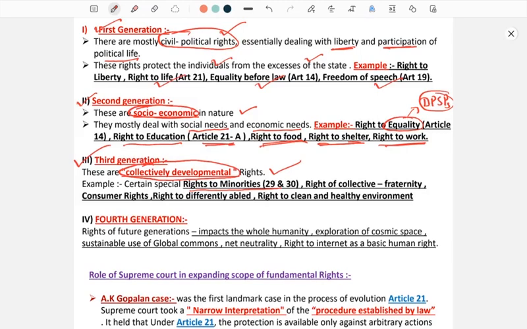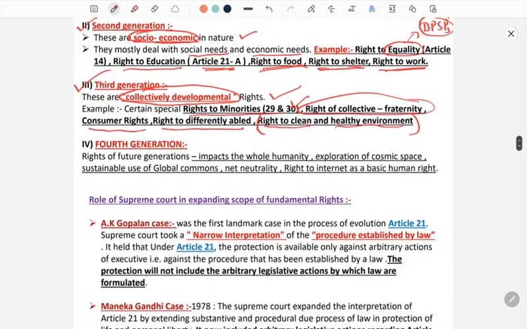Article 29 deals with the right to preserve the language and script of the minorities. Article 30 deals with the right to establish educational institutions. Right to collective fraternity, consumer rights, right to differently abled, right to clean and healthy environment.